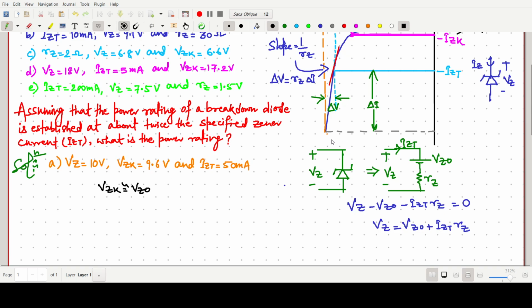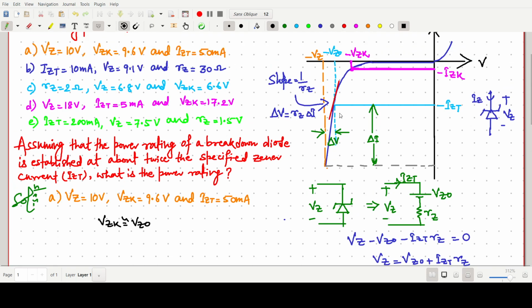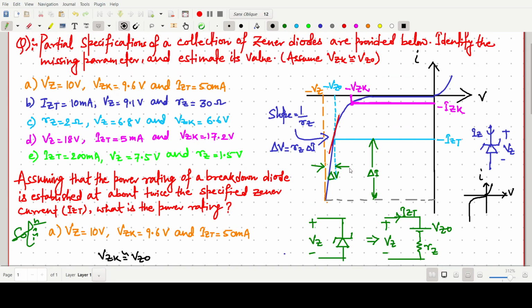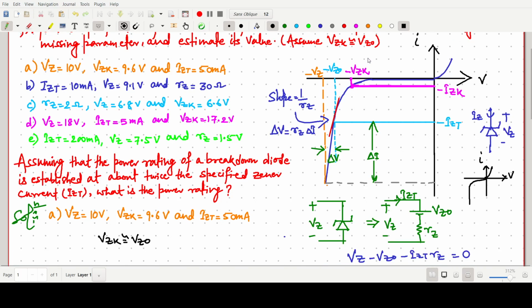VZK is very near to VZ naught. I have made this as a larger picture, but if we plot it ideally, it should look like this, I and V. I have just enlarged it to see what the points are here. So in the question it is very clearly mentioned VZK equals somehow VZ naught.